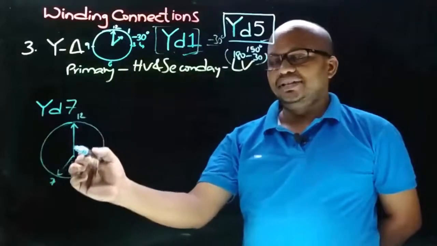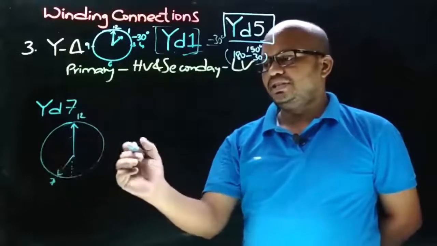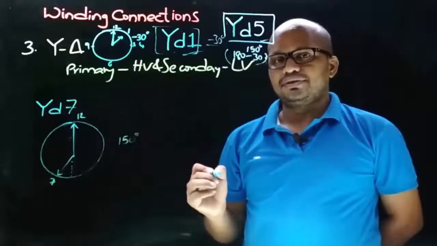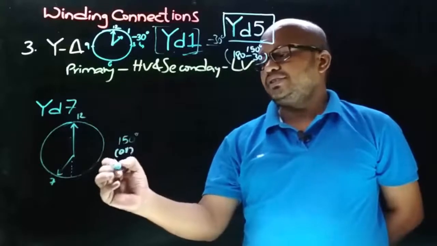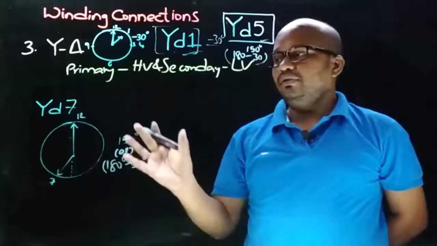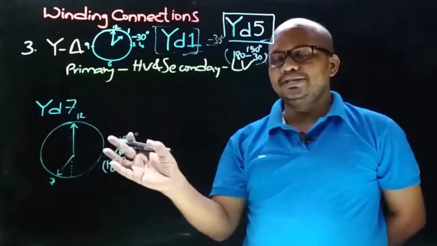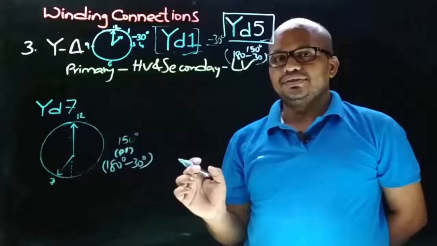The angle between the minute needle and hour needle here, if you measure in the clockwise direction, is 150 degrees, or you can write it as 180 degrees minus 30 degrees. Therefore for this type of star delta connection we have a phase displacement of 150 degrees.